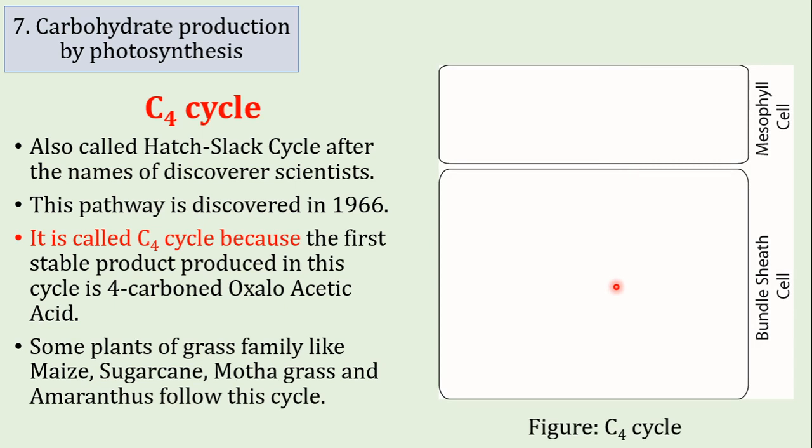The plants performing the C4 cycle are called C4 plants, and inside their leaves they have a special type of leaf anatomy that is different from the leaf anatomy of C3 plants. This leaf anatomy of C4 plants is called Kranz anatomy. Kranz is a German word that means like a circular ring of flowers.